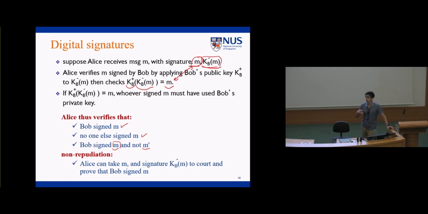This property doesn't apply for symmetric key-based message authentication codes, because there we have shared keys between the senders and receivers. And if the receiver claims that this sender sent me this message authentication code, so I can sue him for sending this maybe insult, let's say, the claimed sender can say, no, I didn't send this.